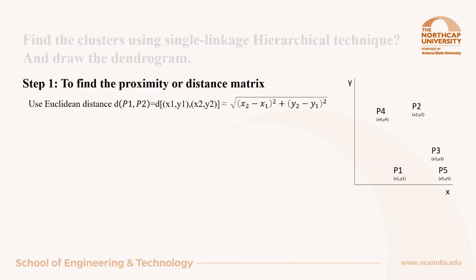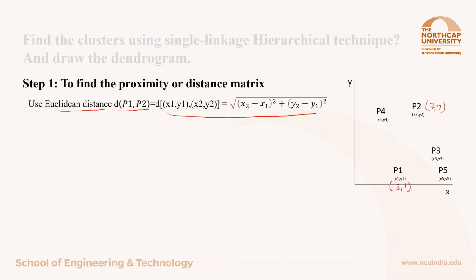The very first step here is to find the proximity or the distance matrix, which will give us a matrix of distances between every point and every other point. For example, to find the distance between point P1 and P2, I am using Euclidean distance and the formula is this. Let's say the coordinates of P1, x1, y1, are 3, 1 and the coordinates of point P2, x2, y2, are 7, 9.